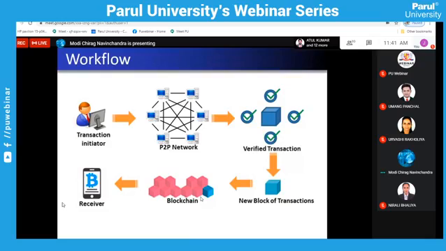The condition to check whether the block is genuine is that the hash of this newly generated block should be lower than that of the previous block in the blockchain.